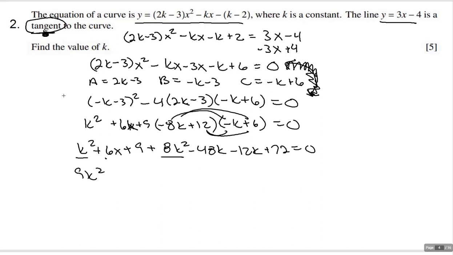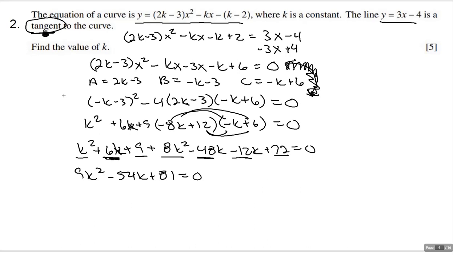Okay, that should be a 6k. So 6k, minus 48, minus 12. That's going to be negative 54k. And then plus 81, because I've got 9 and 72.